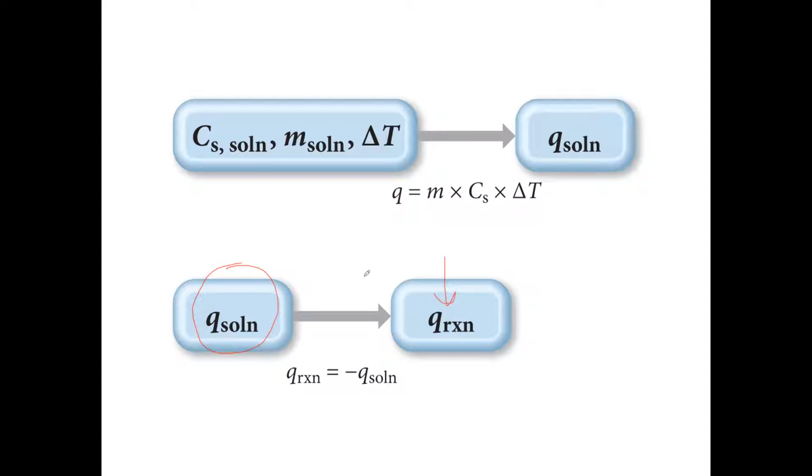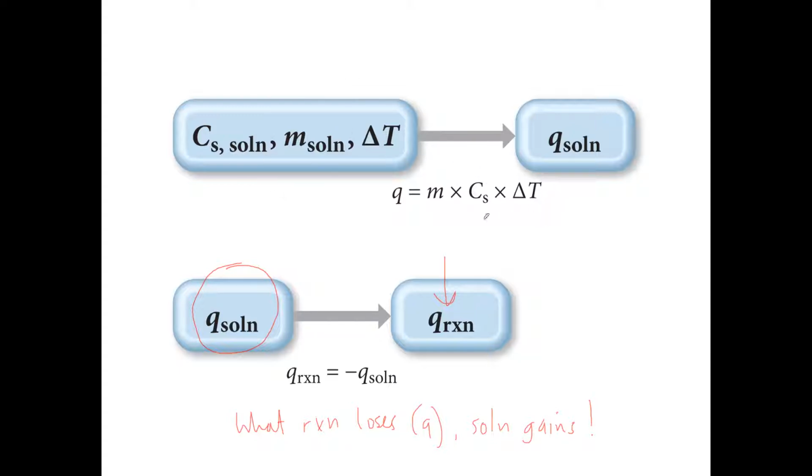And all the heat from the reaction is going to the solution. And so what the reaction loses in heat, the solution gains, right? The solution, I think, is always going to be water. All right, so this is what we've got going on here.